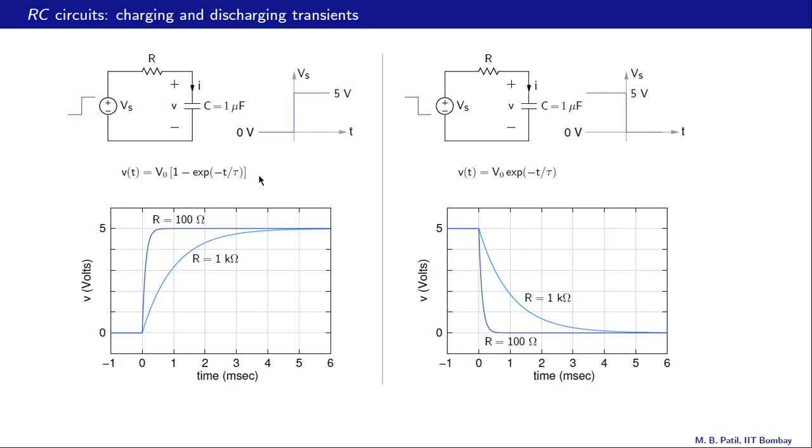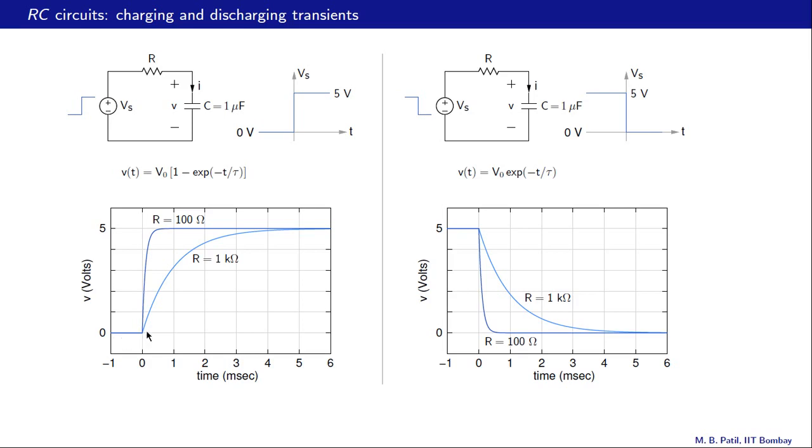Now with R equal to 1k, the time constant is 1k times 1 micro, that is 1 millisecond, and in about 5 time constants, that is in 5 milliseconds, we expect the capacitor voltage transient to vanish and a steady state to be established. And that is what we observe in this plot.